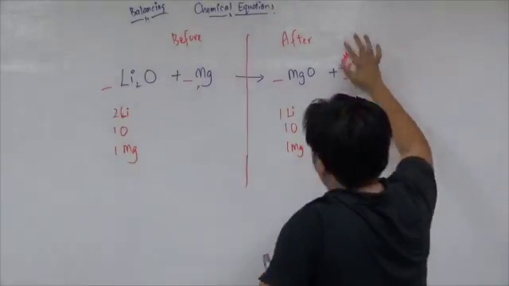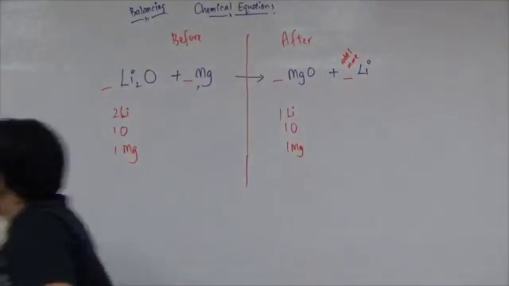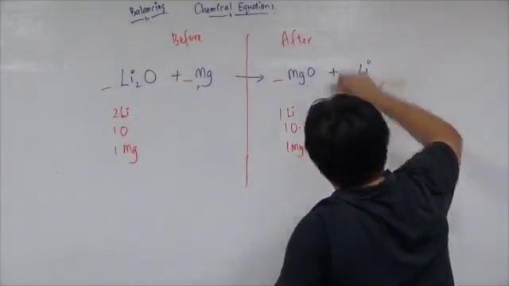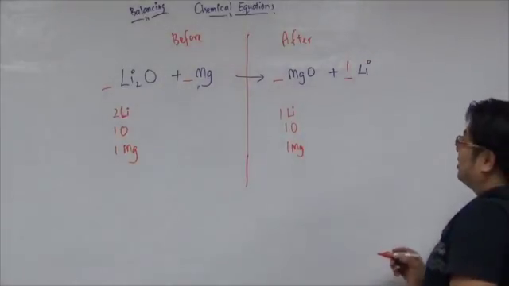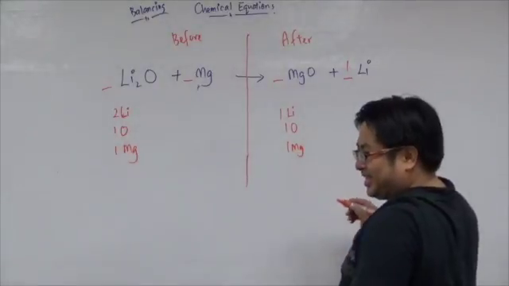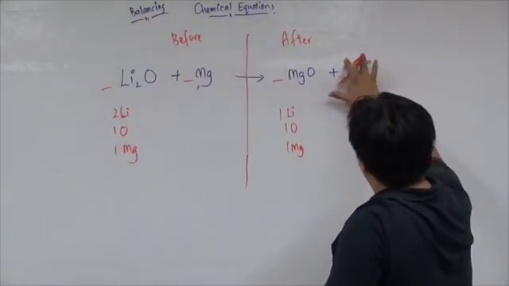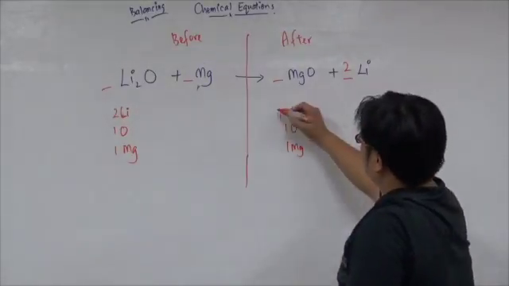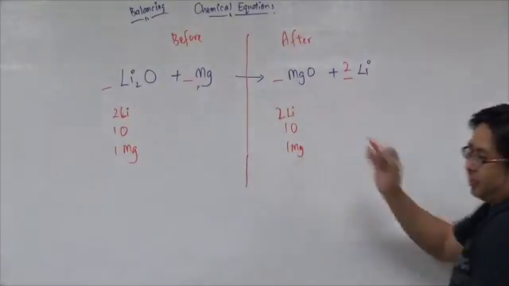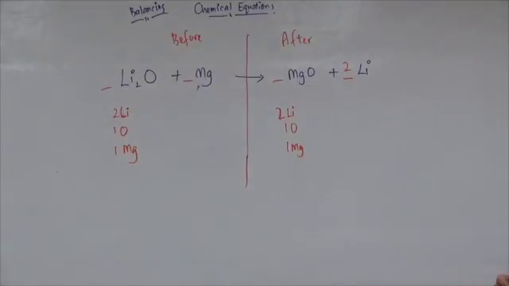If I put a 1 here, it will still be 1, right? Are you sure it's 2? Okay, if you put a 2, then what happens? If it is 2, then how many lithiums are here now? 2. Exactly. So are they the same now, before and after? Yes, they are the same.